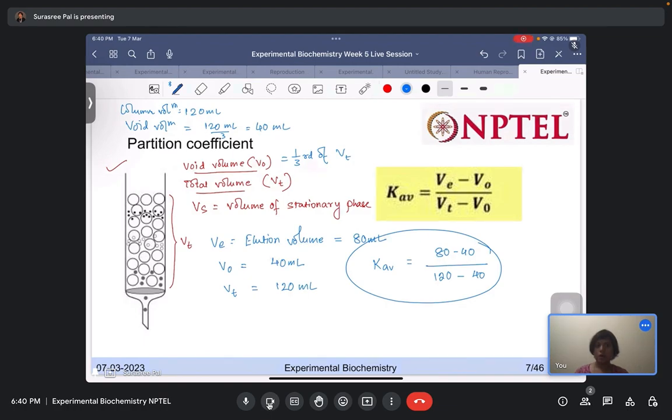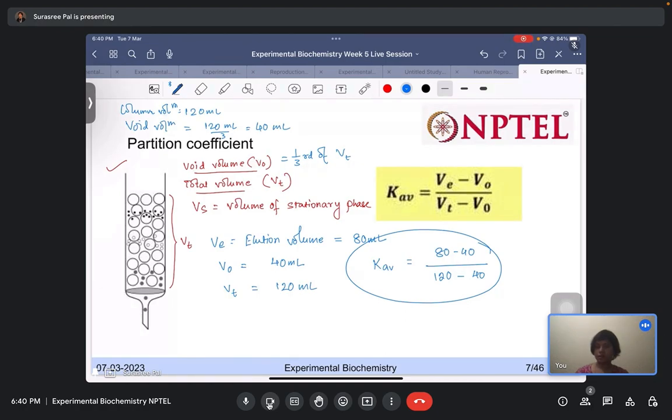That means how much protein is going to be partitioned in the mobile phase and the stationary phase, right? So this is the calculation. Now the particle size, the size of the beads, will determine V0, that is the void volume, and the pore size of these beads will determine the resolving range.